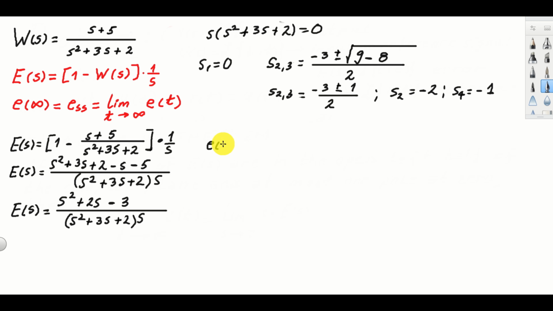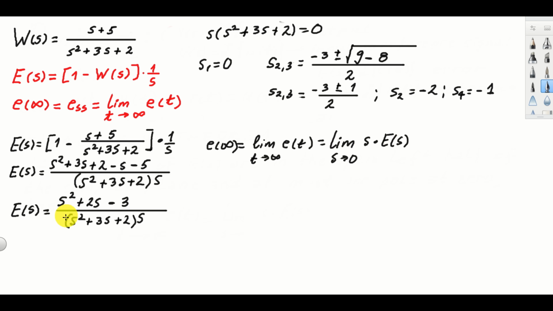E at infinity is equal to the limit value when time goes to infinity of e of t, which is equal to the limit when s goes to 0 of s multiplying E of s.